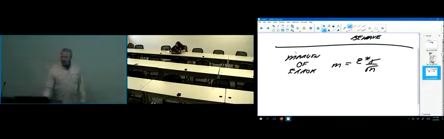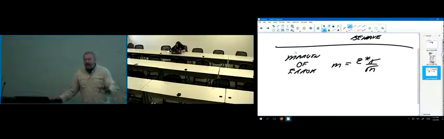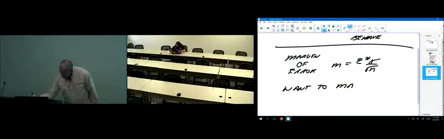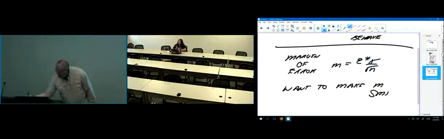Well, what people want to be able to do, and what they mean by how does a confidence interval behave, is how does the margin of error behave? And what we're thinking is, I want to make m smaller.